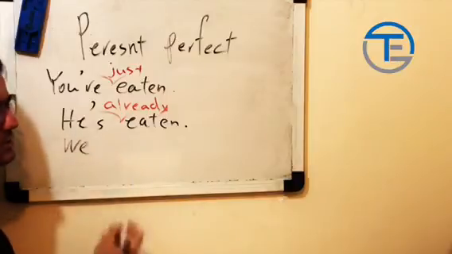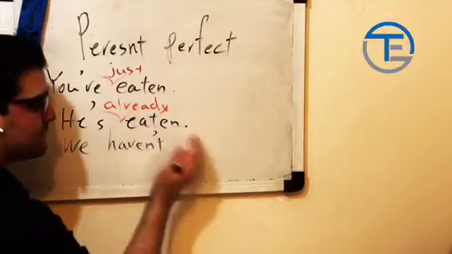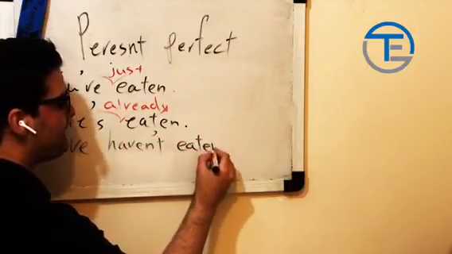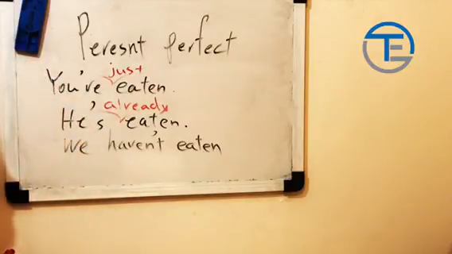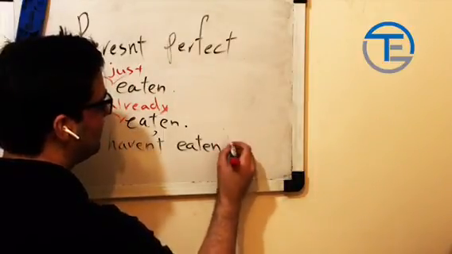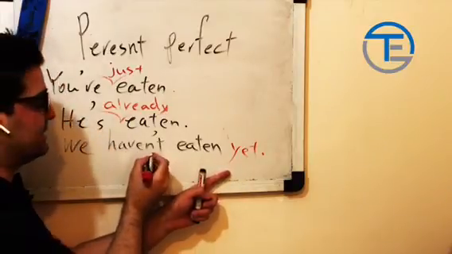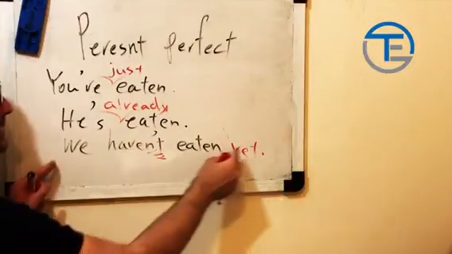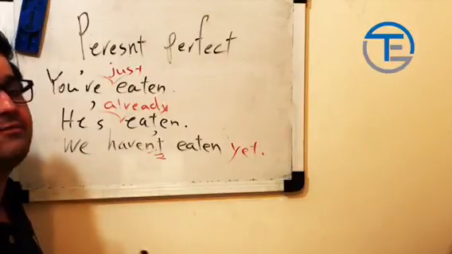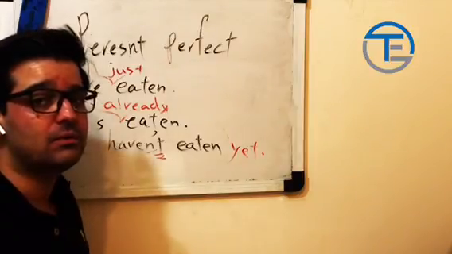We can say we, subject pronoun, we haven't, next the past participle eaten, and at the end of your sentence, you can write yet. Yet is often used in negative sentences. What does it mean? It means we still have to eat. We still now have to eat.